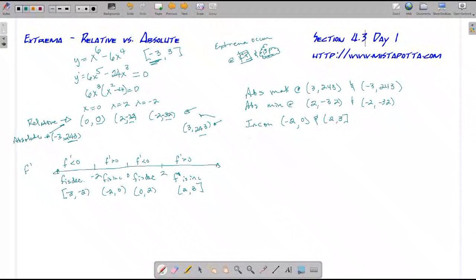And I know that I'm decreasing on the interval from -3 inclusive to -2 exclusive, and from 0 to 2.